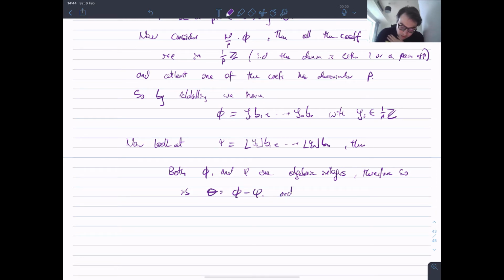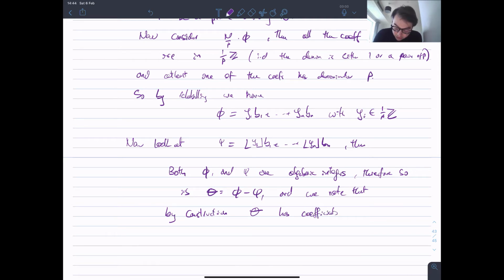And if you consider the difference of these two things, when you subtract one from the other, we note that by construction, phi has coefficients.